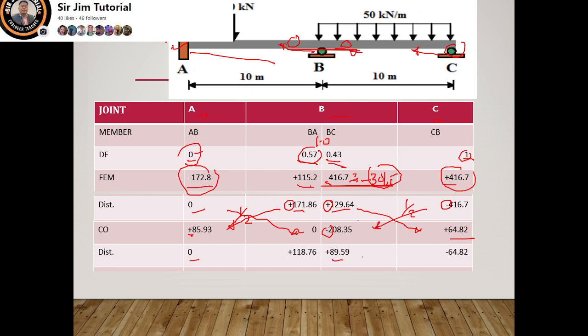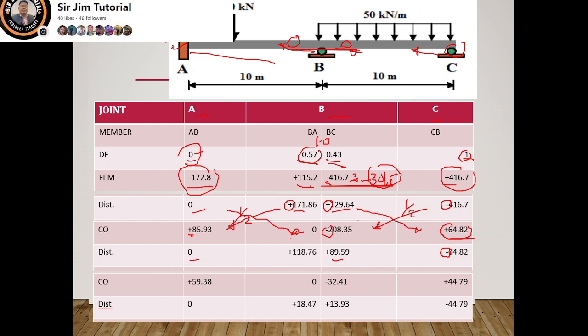Change negative to positive. Here, this one multiplied by 1 becomes positive 64.82, and then change positive to negative. Again, in the distribution you change the sign from positive to negative or negative to positive, and then you carry over half of it here, half also here, and then half also here.